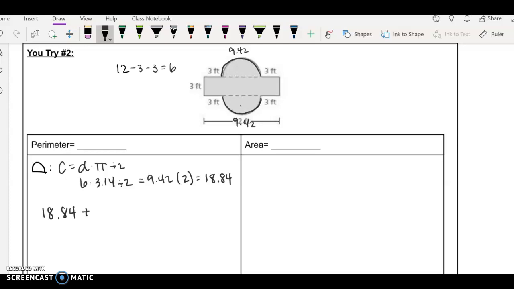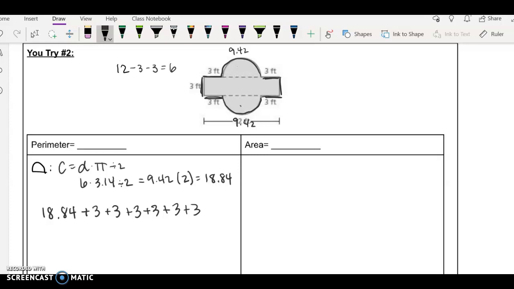And now I need to add that to this 3 here, plus this 3 here, and this one. And then I need to add it to this 3, and this 3. So I have 1, 2, 3, 4, 5, 6 3s.